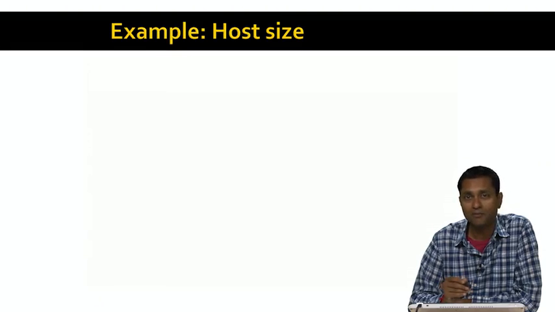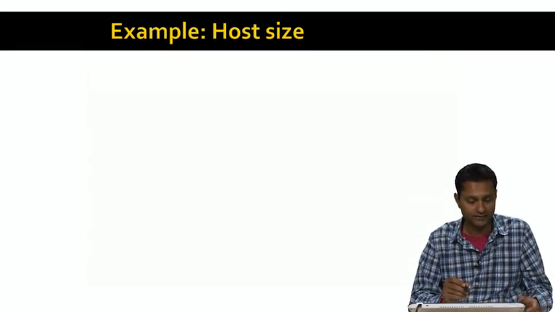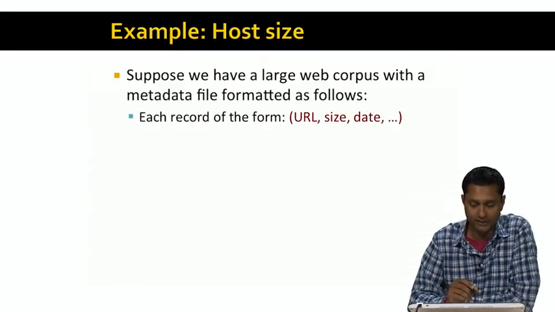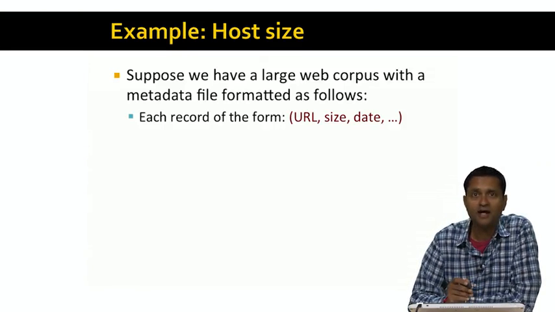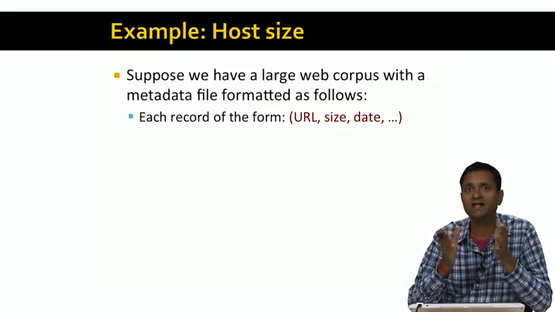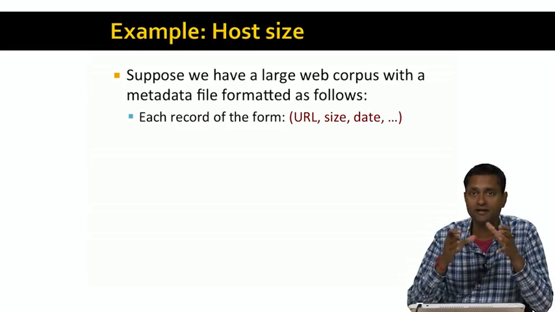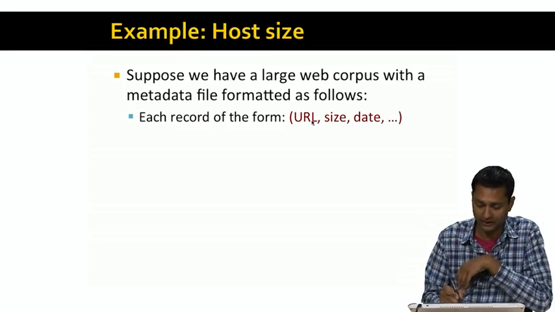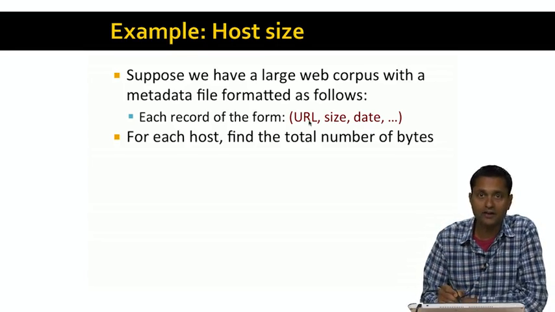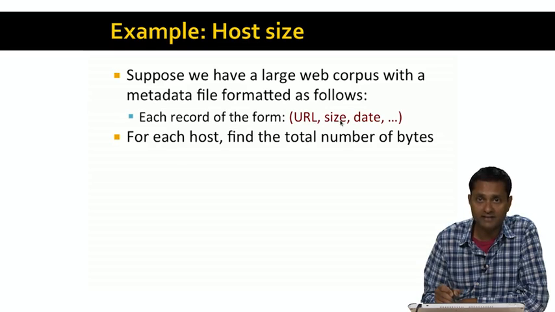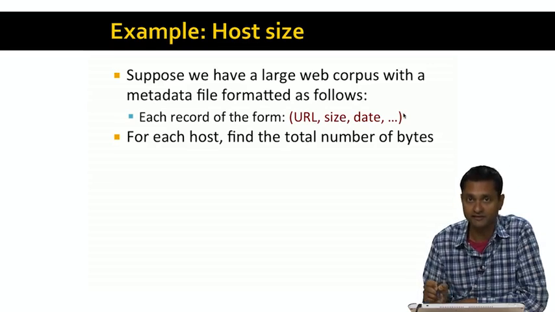We looked at a very simple example of word count using MapReduce. Now let's look at a couple more examples. Here's another example. Suppose we have a large web corpus that we've crawled, and we have a metadata file for our crawl. And each record in the metadata file looks like this. It has a URL, the size of the file, the date it was crawled, and various other pieces of data.